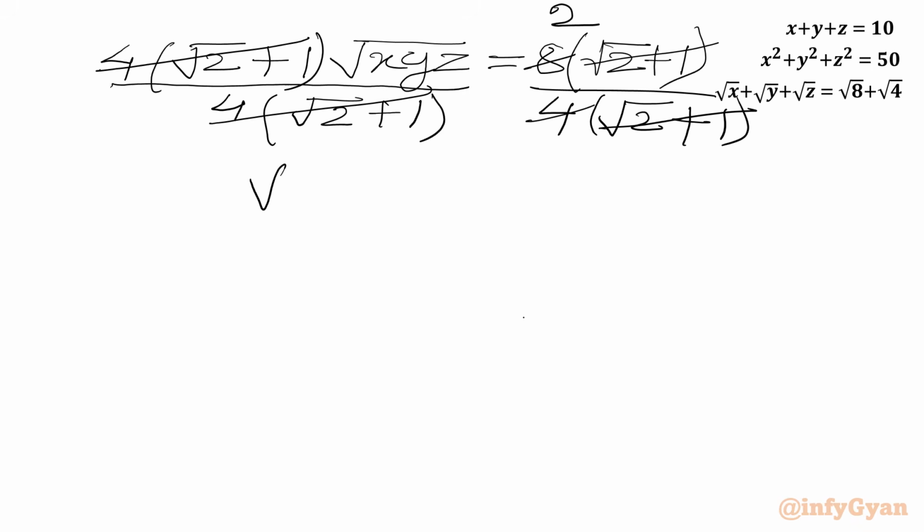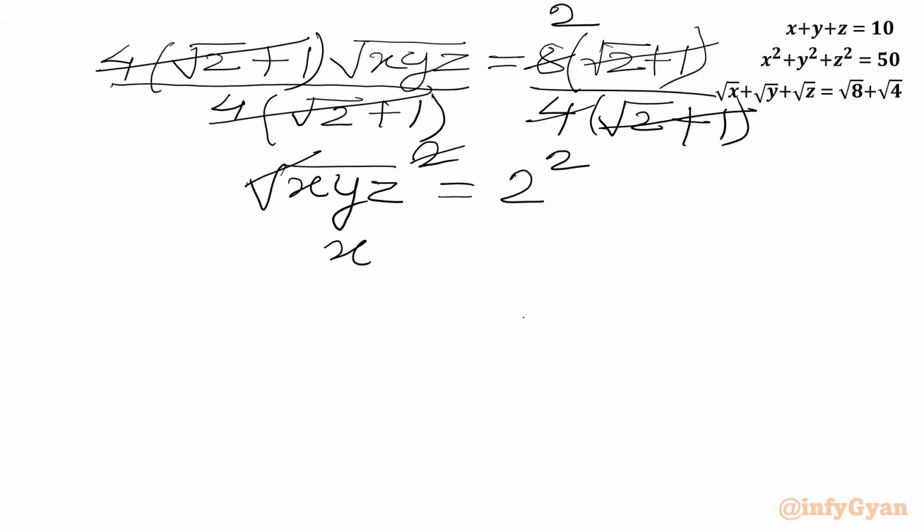So ultimately we have square root xyz equal to 2. After squaring both sides, we will cancel square root with square. So xyz is also known. It is 4. And this equation we will consider equation number 6.